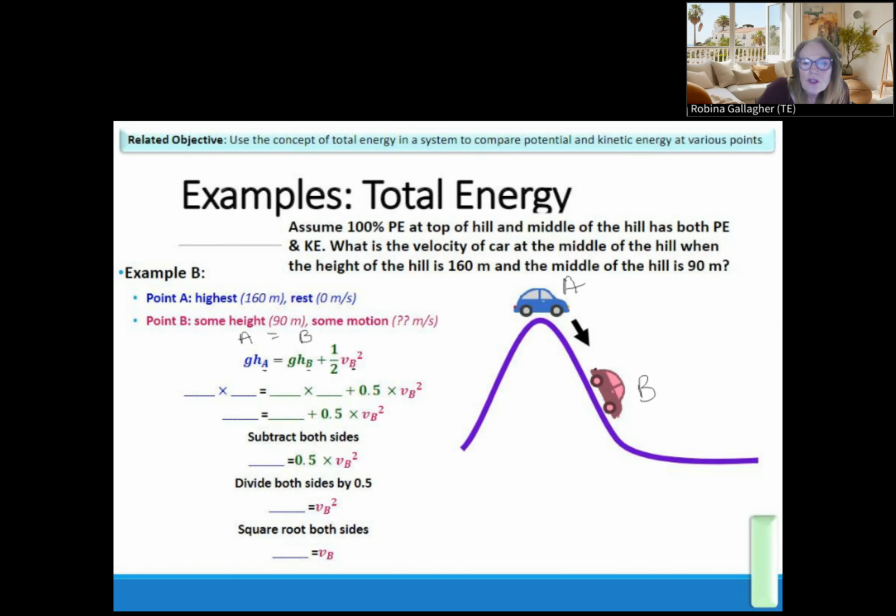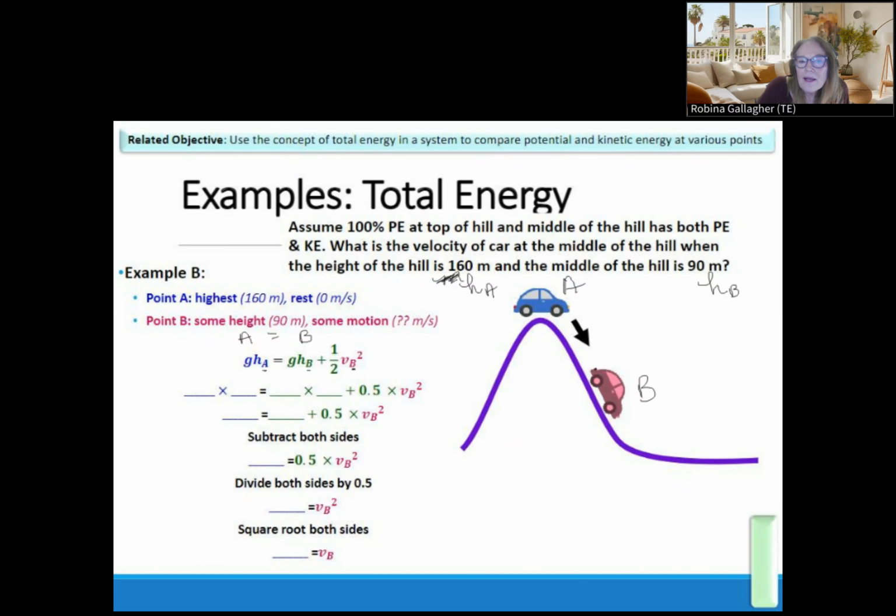So I have a car, and the height of the hill is 160 meters. That is not the mass. That is the height of hill A. And the middle of the hill is 90 meters.